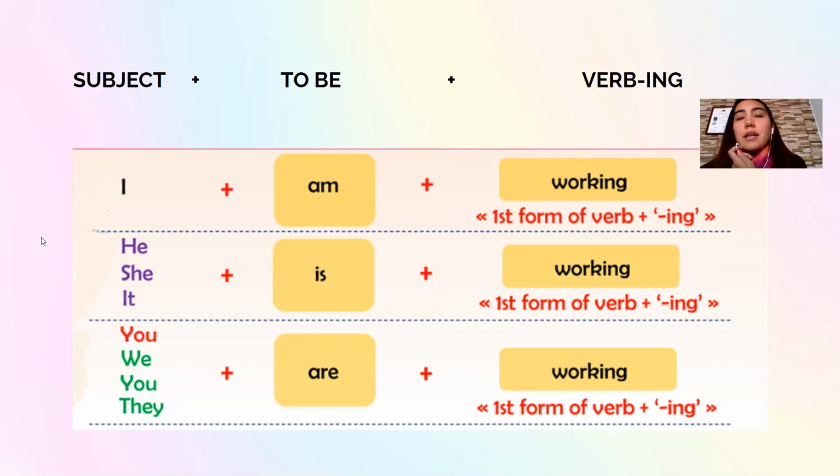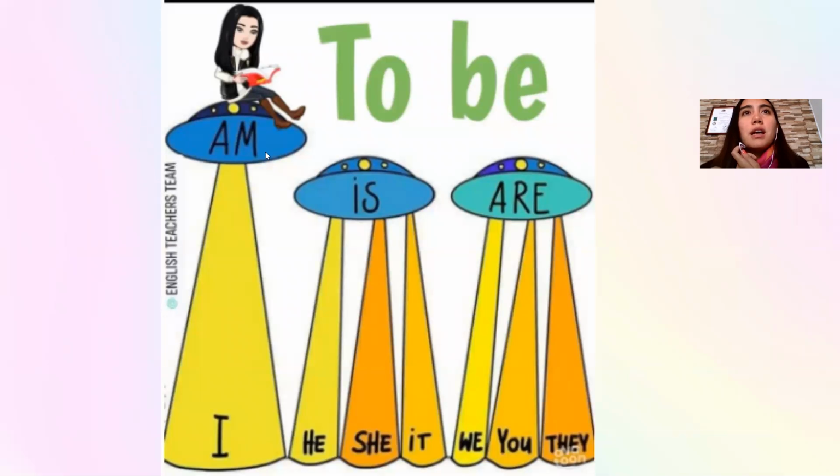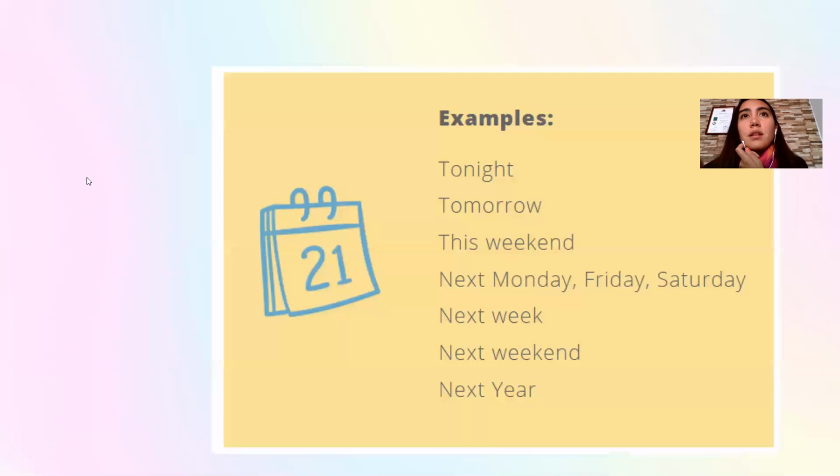Also, for you to be clear about this, here I have how you conjugate the verbs. I am, he, she, it is, we, you, they are. Remember this, okay? This is super important. And as you could see, you can use these words when talking about future arrangements.